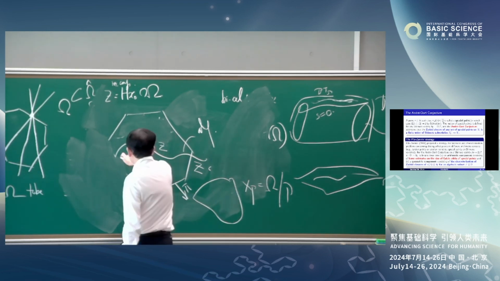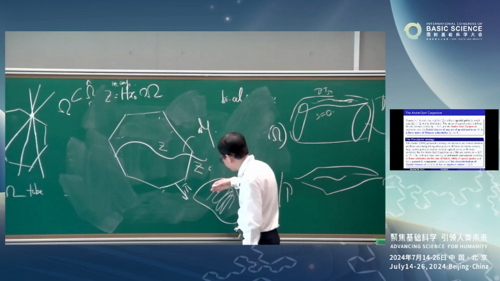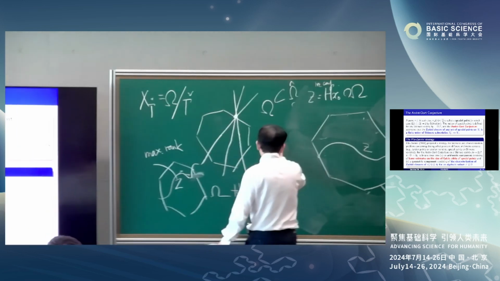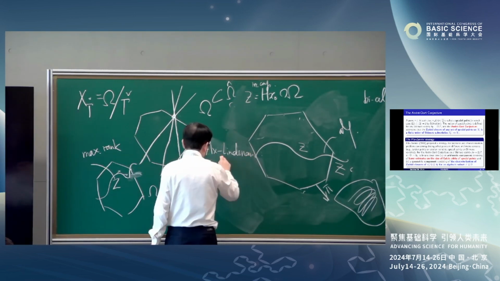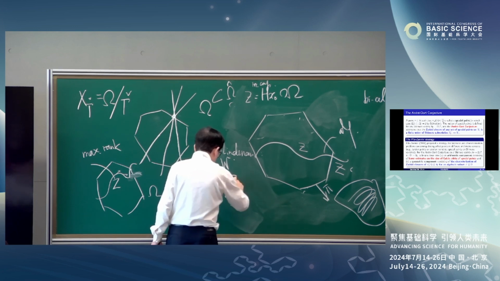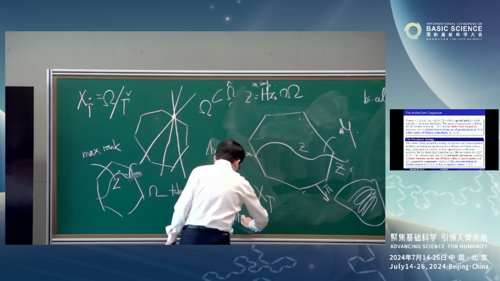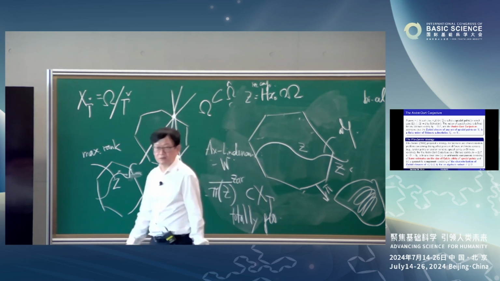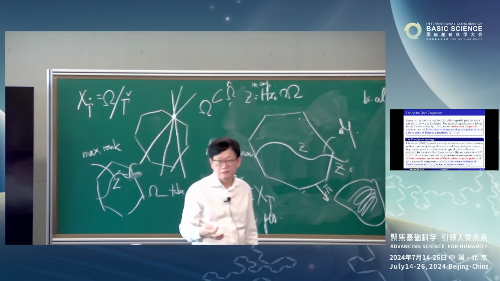In general it's not closed, but then you take its Zariski closure. Then what is called the Ax-Lindemann-Weierstrass conjecture was that the Zariski closure inside X_Gamma should be a totally geodesic set. So this was the second component if you want to solve the underlying conjecture.